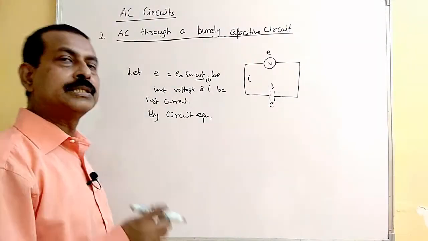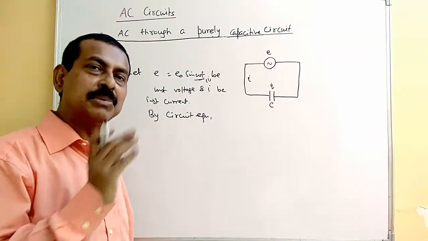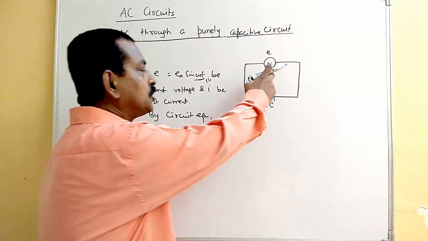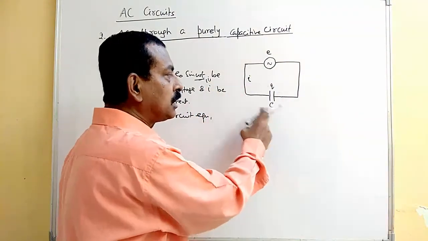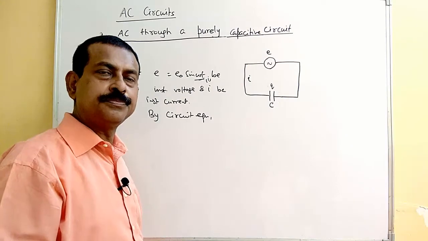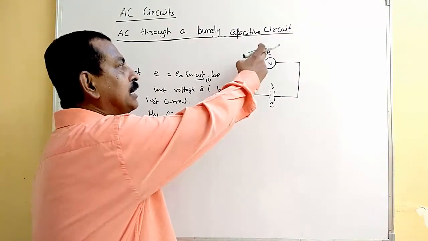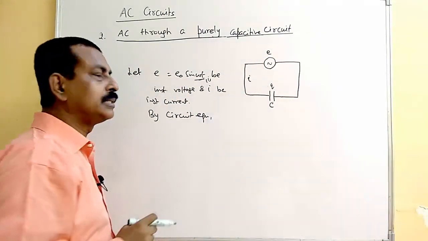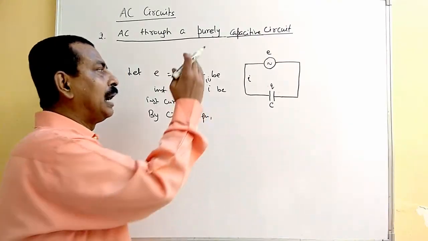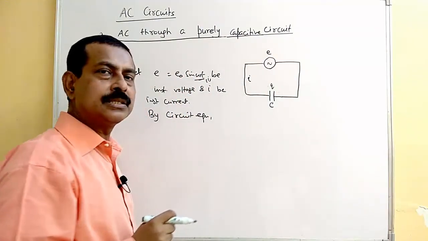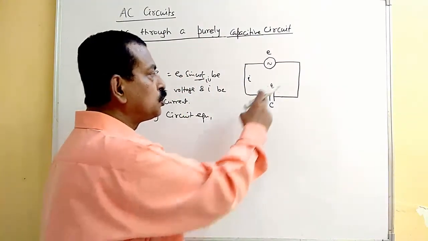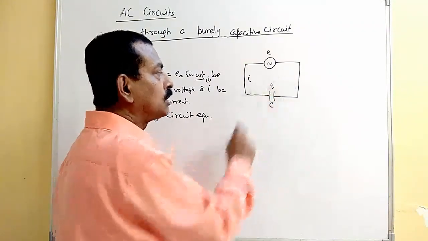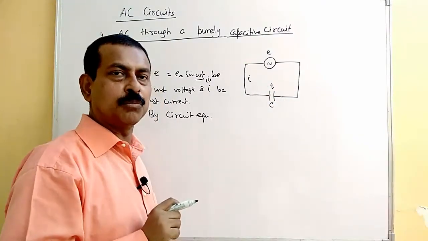Let's now take AC through a purely capacitive circuit. Here we have the AC source connected to a capacitor of capacitance C. Again, assume E equals E naught sine omega t is the instantaneous voltage and I is the instantaneous current in the circuit. Suppose Q is the charge on the capacitor at that moment.